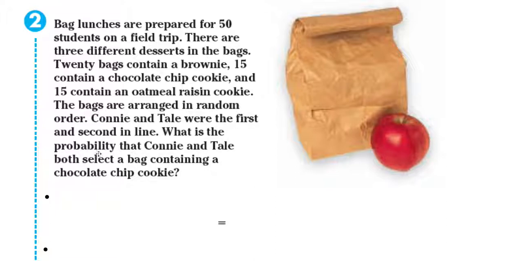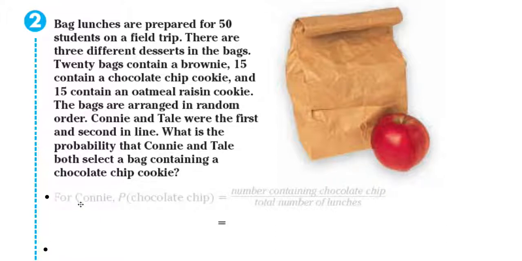What is the probability that Connie and Dale both select a bag containing a chocolate chip cookie? This is a classic example of a dependent event. Why? Because as Connie chooses her bag, there will be one fewer bag to choose from when Dale gets her turn to choose her lunch bag.